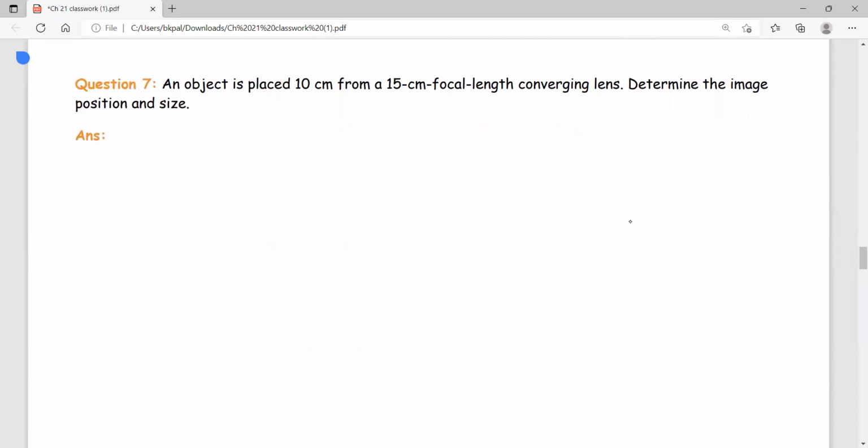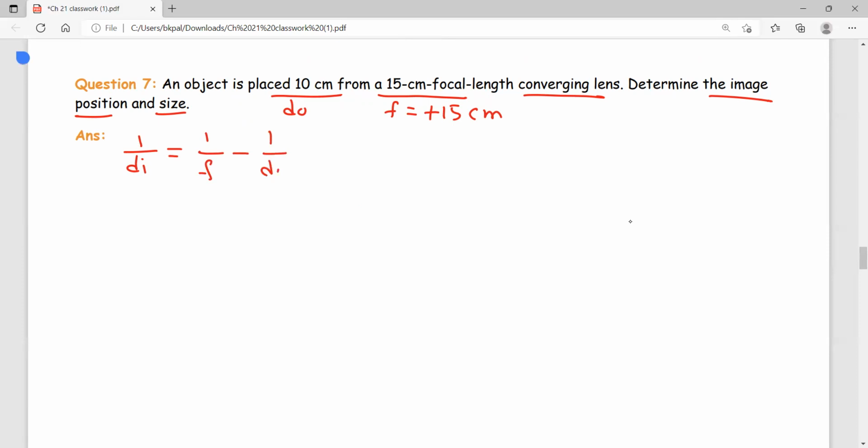Next one. So an object is placed 10 centimeter from a converging lens with focal length 15. Converging lens means f equal to positive 15. We have to calculate similarly the image position and size. Very similar to the last problem, we can write di equal to 1 over f minus 1 over do.